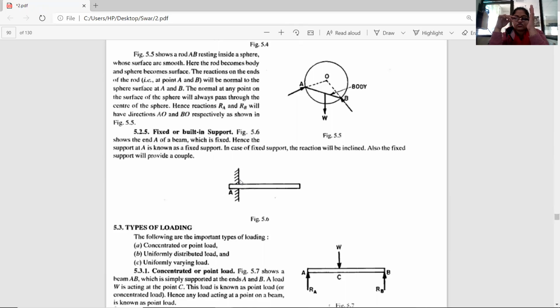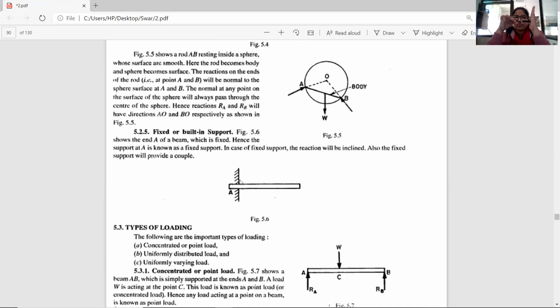Here there are three types of reactions: horizontal, vertical, and one more, which is the couple or moment. What is a couple or moment? It allows this body to move in a round circle or some similar path, if a moment is applied on this body.